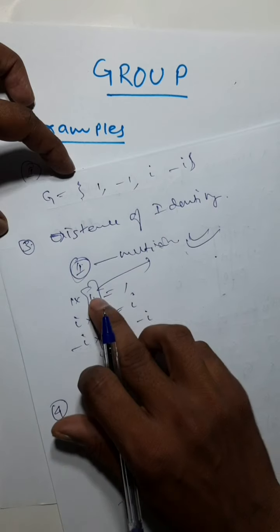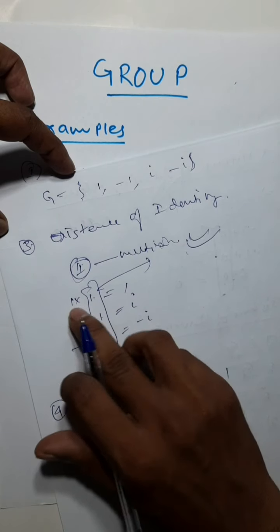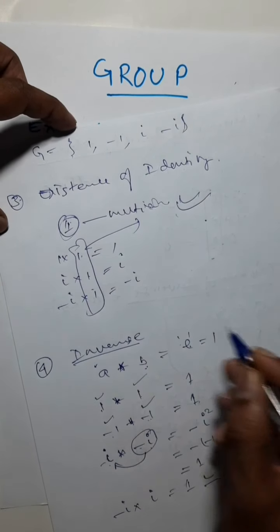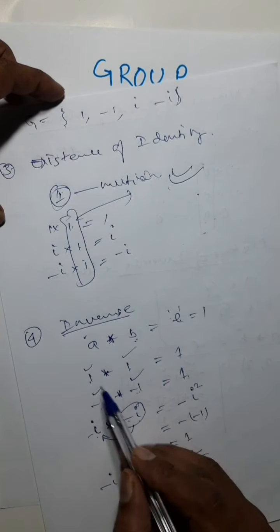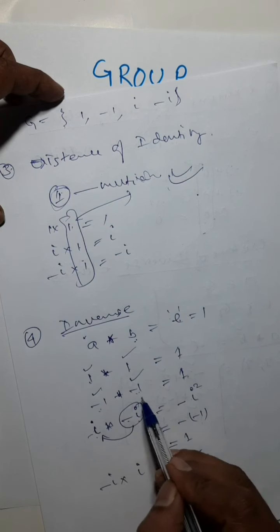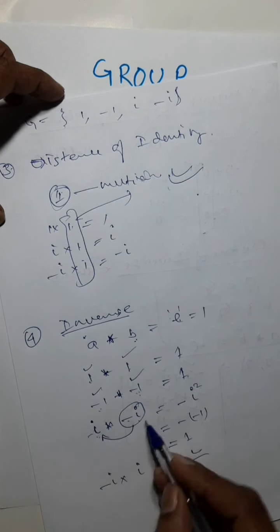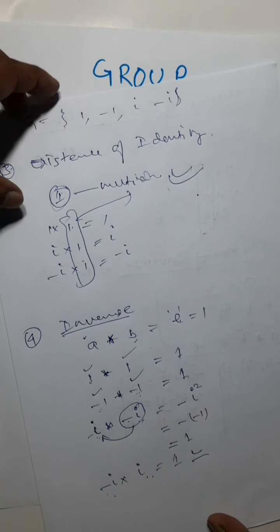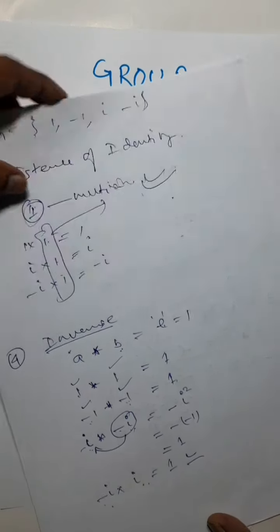The multiplicative identity is 1. Multiply with any element, you will have the same element. And the inverse element also exists here. For the element 1, the inverse element is 1. For -1, it is -1. For I, it is -I. For -I, the inverse element is I. So all 4 properties are satisfied. Then we can say that it is a group.